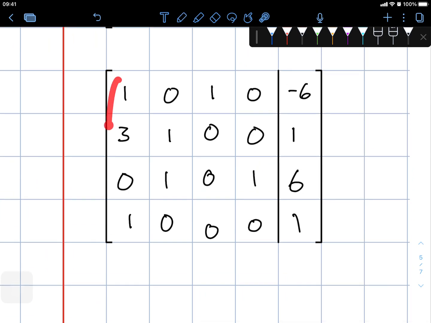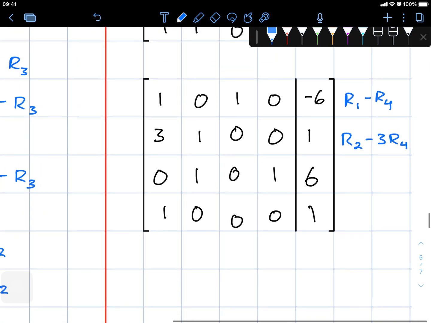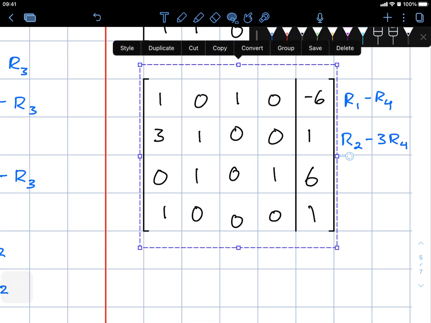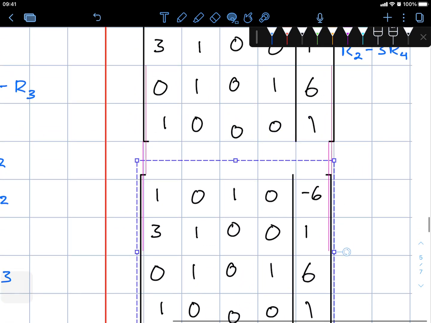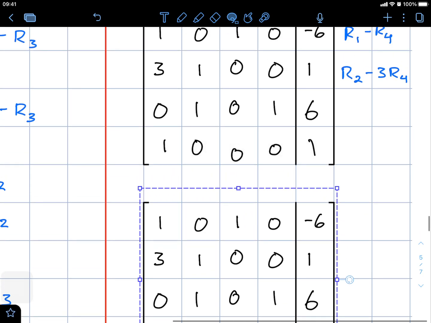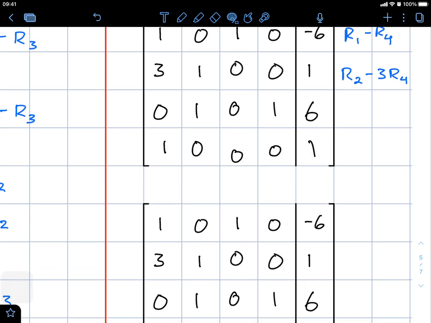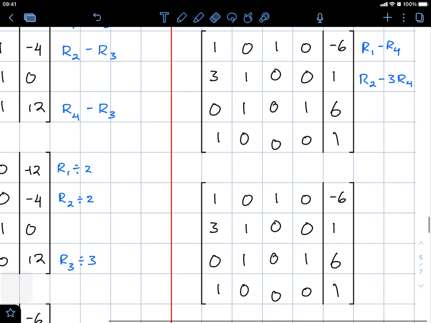We can now make zeros here. That's going to be row 1, take away row 4, and row 2, take away 3 times row 4. You can pause and do that calculation yourself, or you can watch me here. These are going to change. So 1 take away 1 will give us that 0 that we needed.